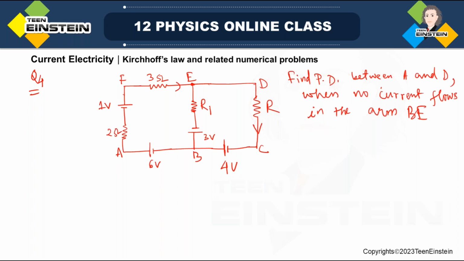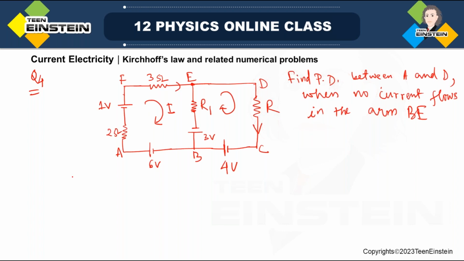Since no current is flowing through the BE arm, let me take the current flowing as I itself here, and the same current will flow in this way also. Okay, so this is the only way to do. Let us see.